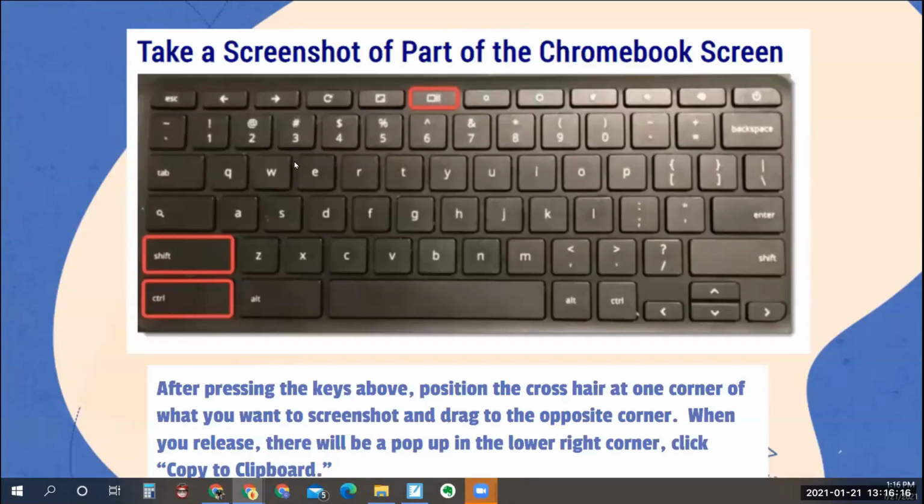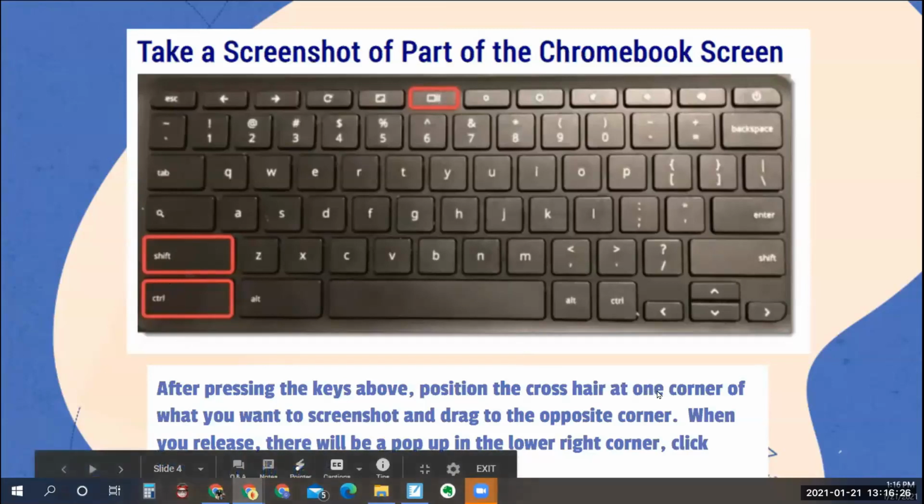But if you want only part of the screen, after I've completed an example, control shift the app switcher button is going to create a crosshair that you can put at one corner of whatever you want a screenshot of and drag it diagonally to the opposite corner. And then when you release it, you'll have a little window that pops up in the lower right corner of your screen.